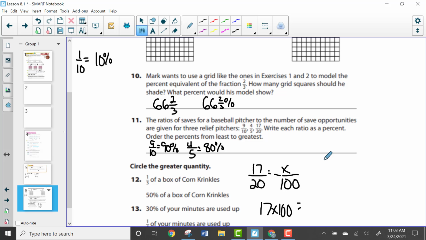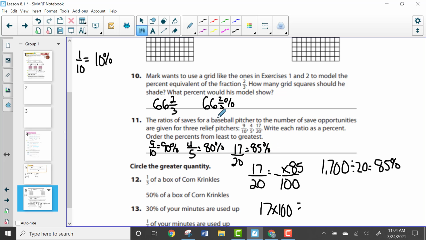That's going to give me 1,700. And we take that 1,700 and we divide it by 20, the other number we did not use. And that's going to give me 85. So 85 out of 100 means this represents 85%. So 17 out of 20 equals 85%.